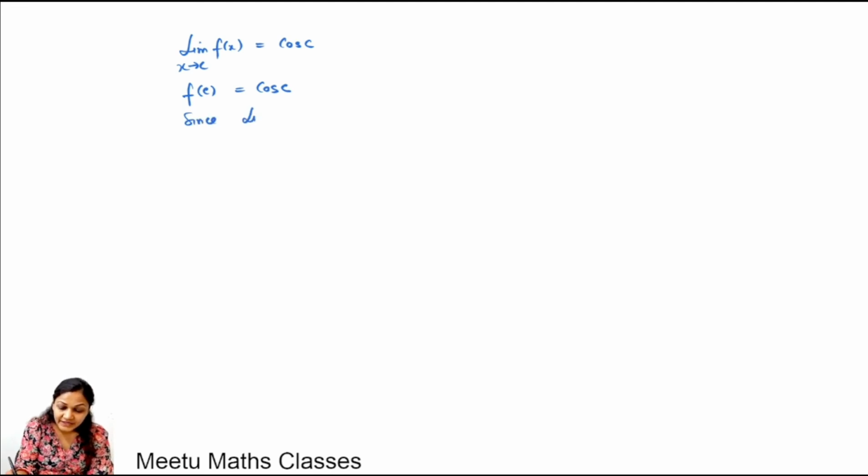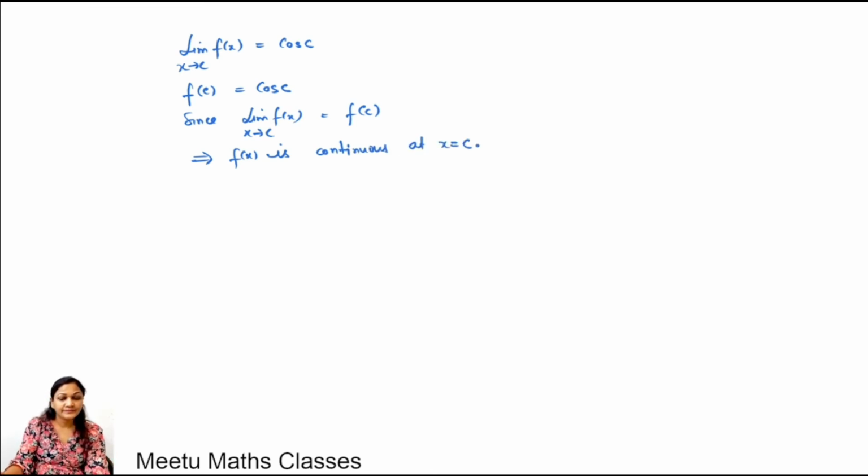Since the limiting value of your function is equal to the exact value of your function, f(x) equals cos c is continuous at x equals c. And since x equals c was an arbitrary real number, f(x) is a continuous function.